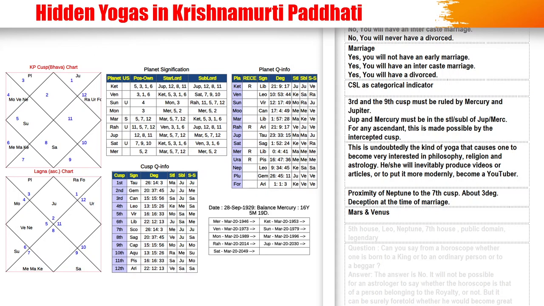And if you look at how all these planets have something to do with the fifth house, right from Ketu, Venus, every single planet in this signification table has something to do with the fifth house.